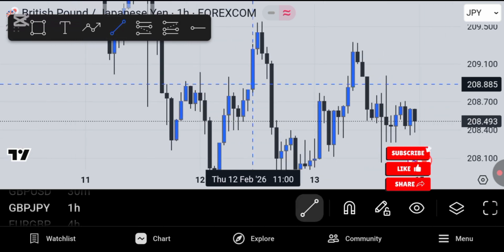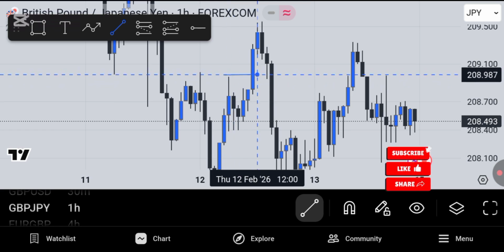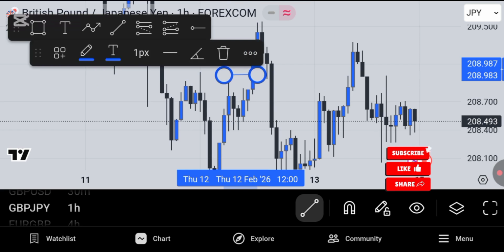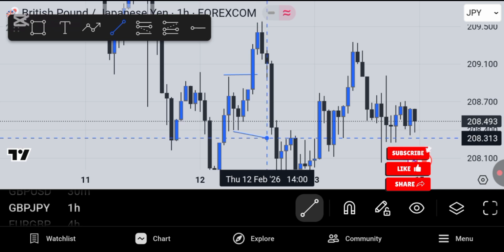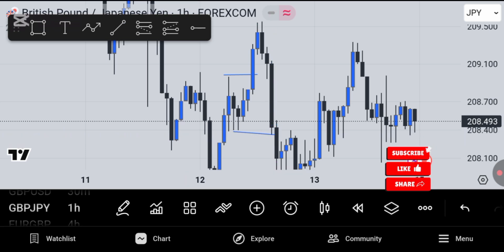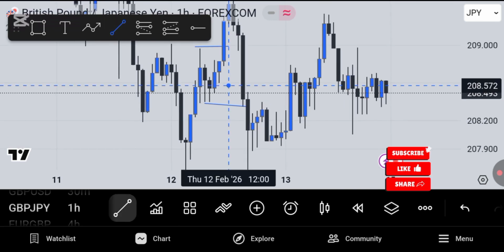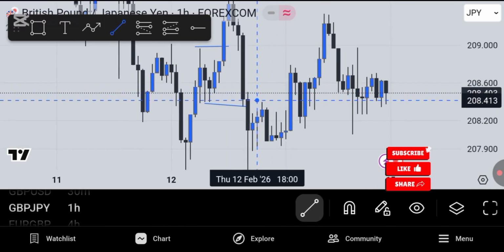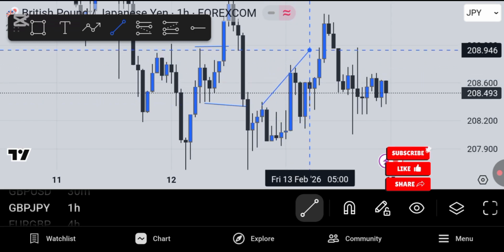Because we swept liquidity right here. We broke structure right there. And we also had liquidity resting, just a trend line liquidity, which is a first pullback.